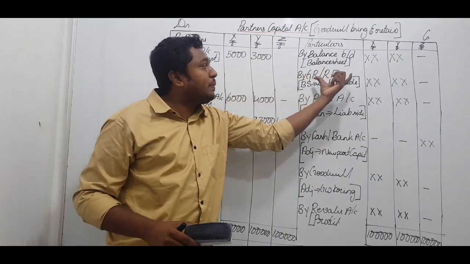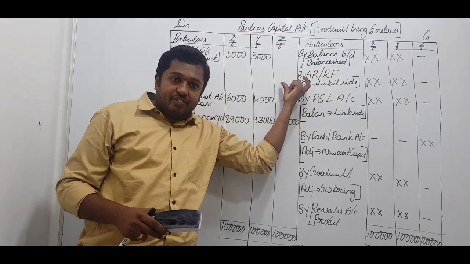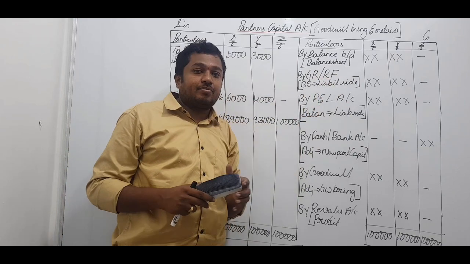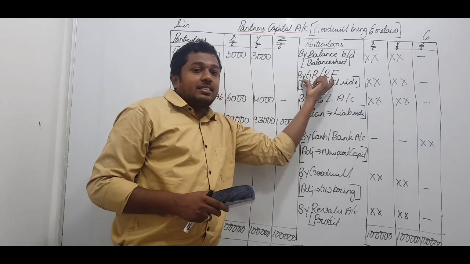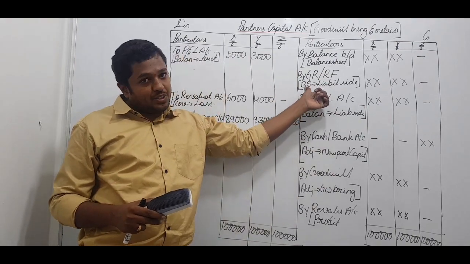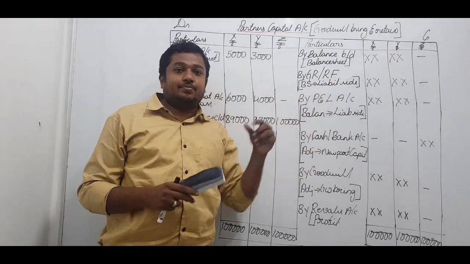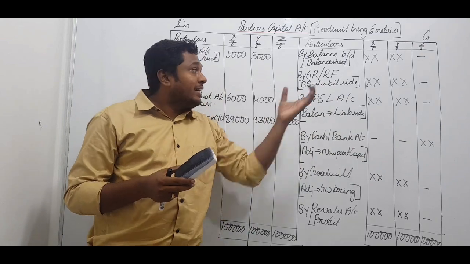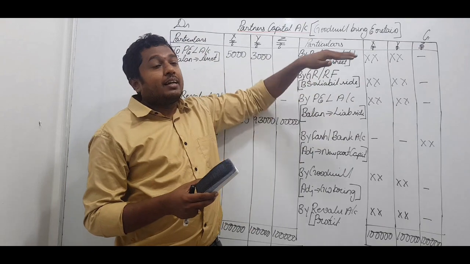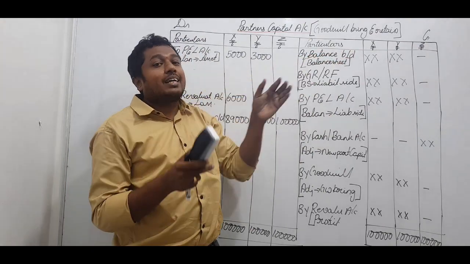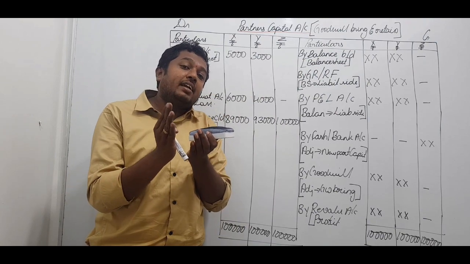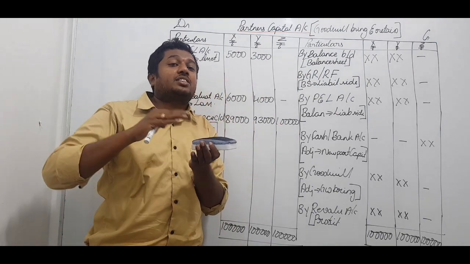GR stands for general reserve. Because of the space constraint, I have written in short form general reserve and reserve fund. This general reserve and reserve fund is also given in the balance sheet, liability side. But it is not given like balance brought down. In the case of balance brought down, capitals will be given separately. X's capital is separate and Y's capital is separate.